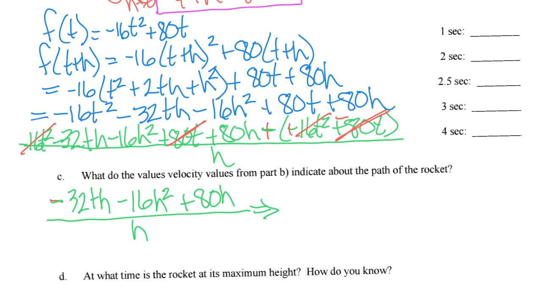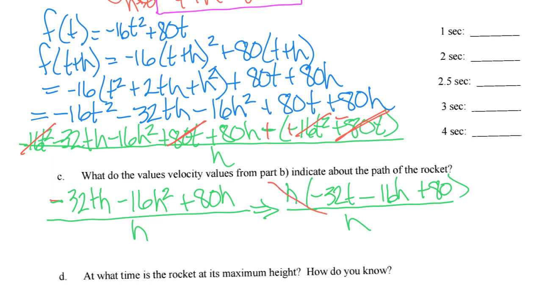Notice that we have an h in every term, so we are going to factor out an h, and we'll have negative 32t minus 16h plus 80 all over h, getting our h over h to be our giant 1, and we finally have our AROC.